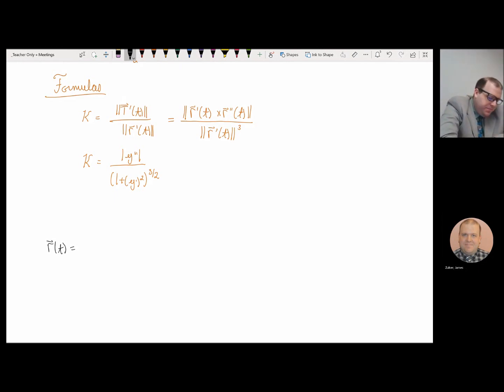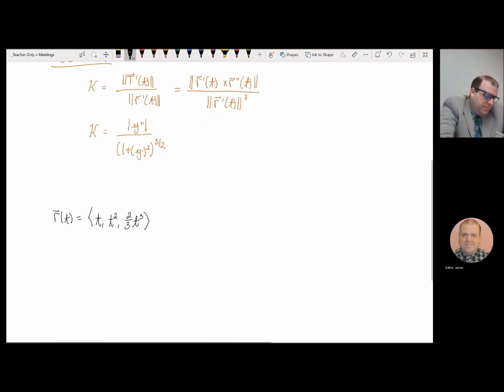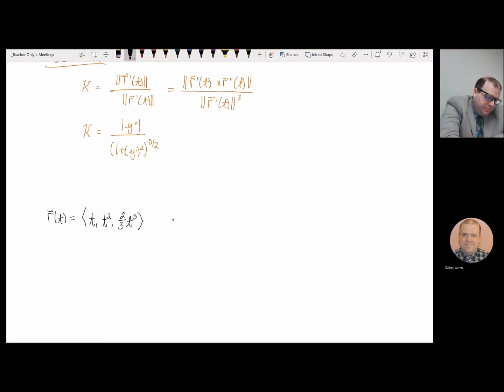We were given r of t is t squared and 2/3 t cubed. First one, r prime.